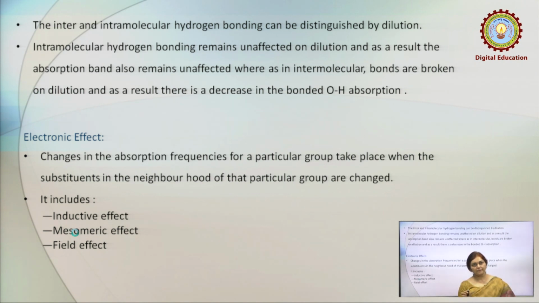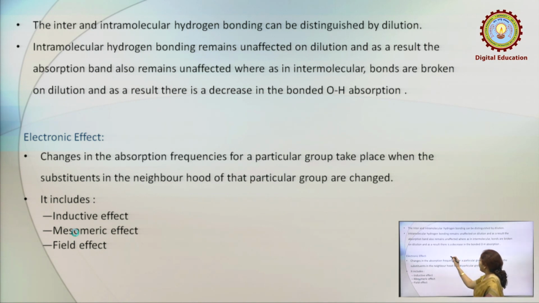It means in the case of intramolecular hydrogen bonded compounds, there is no change in the absorption frequency or wave number, whereas in the case of intermolecular hydrogen bonded compounds, bonds are broken on dilution, and as a result there is a decrease in the bonded OH absorption peaks.